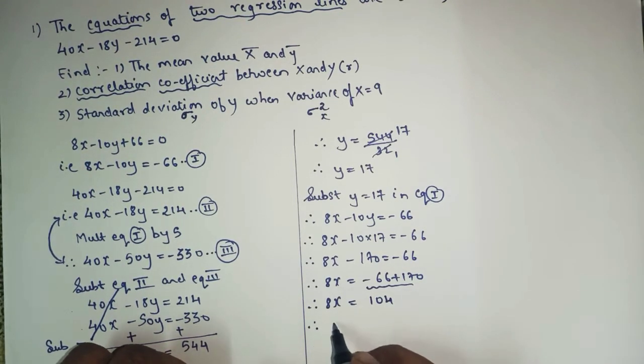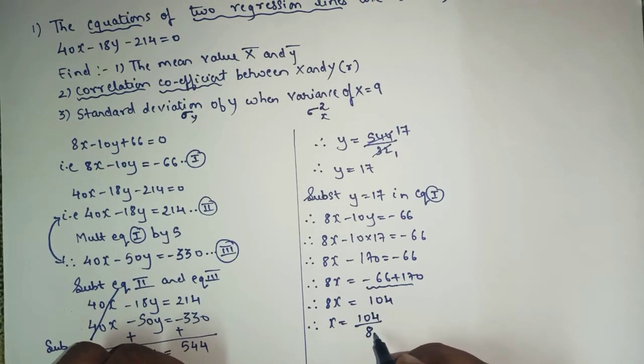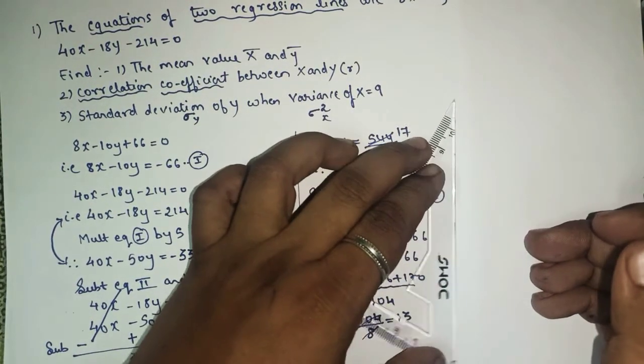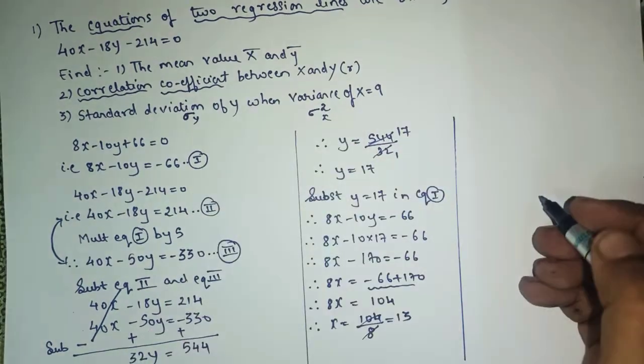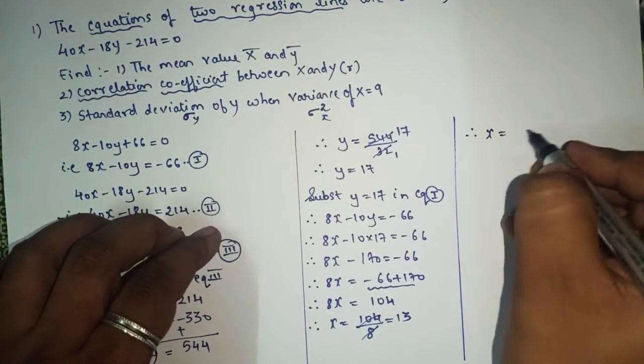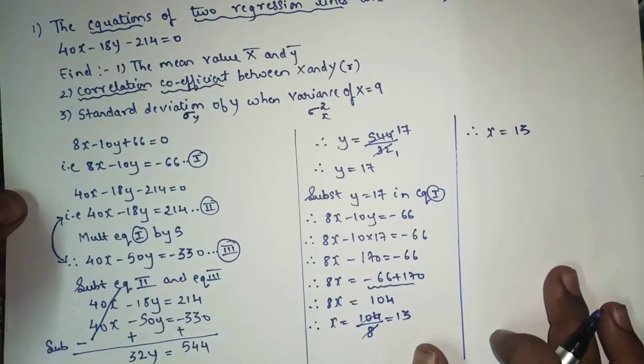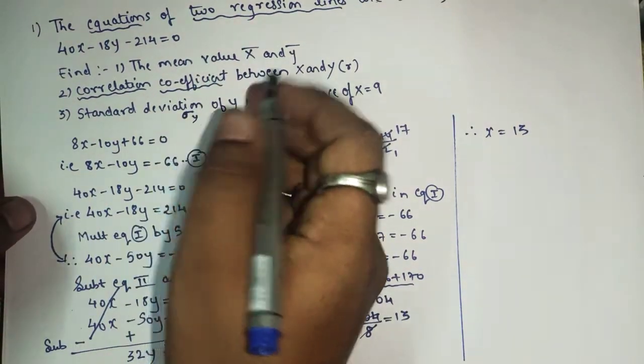So the next step will be x equals 104 upon 8. When you reduce this number, you will get 13. Yes or no? So here we got the value of x also. So x equals 13.